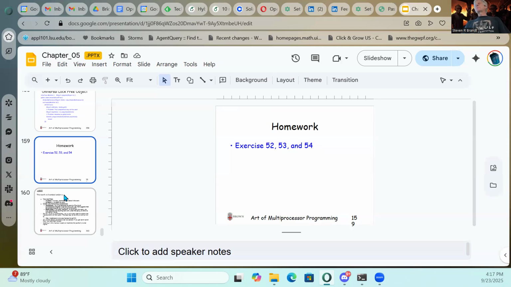All right. I think consensus is really cool, right? I think it gives you a lot of insight into the read, modify, write instructions and why they are what they are. So what we're going to do on any modern infrastructure is build locks out of read, modify, write instructions, and they'll be far more efficient than the filter and bakery locks.